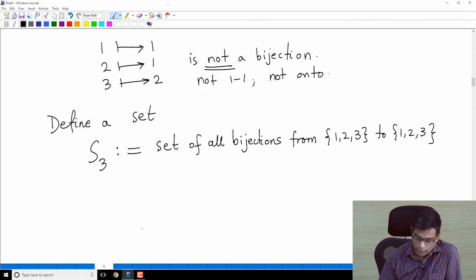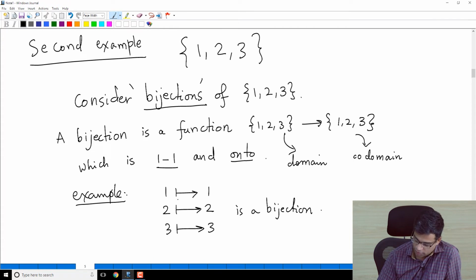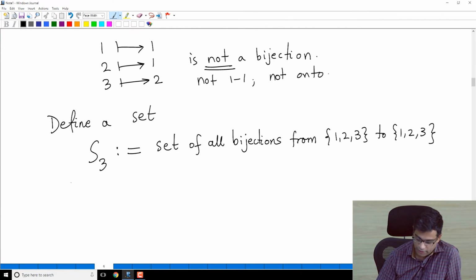I would like to define an operation on S sub 3, but before that let me first list all the elements of S3. It is not very big. For example, the function I defined earlier, 1 going to 1, 2 going to 2, 3 going to 3, is a bijection.